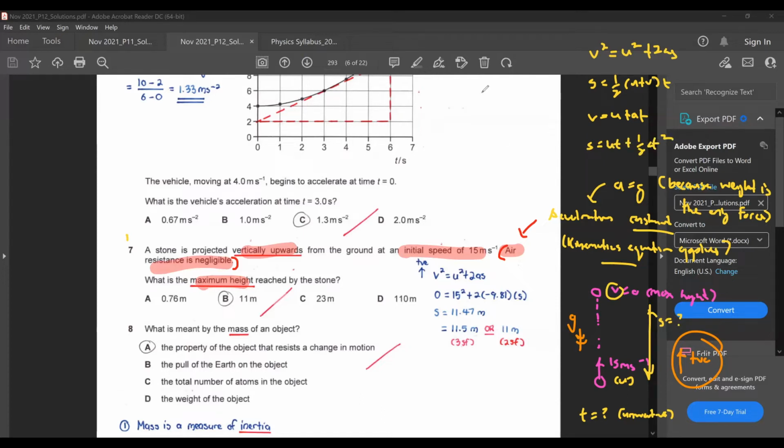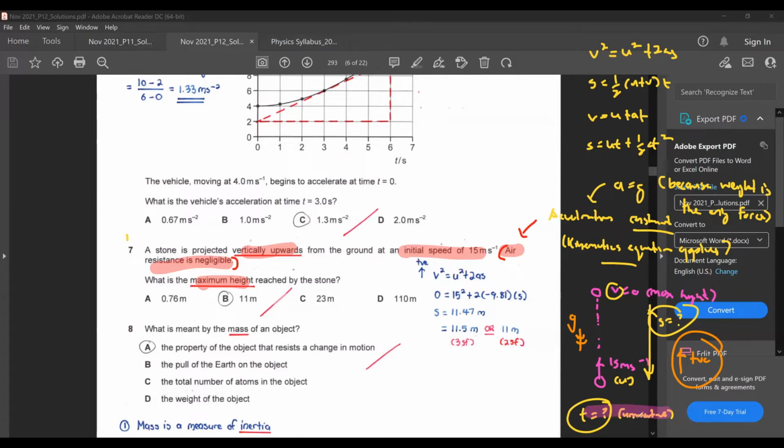Now, usually one of the things that you can probably just do, if you want to determine which equation you should use, is try to single out which unknown variable is unwanted. Right now you have two unknown variables. You have s, which is what you want to find, and you also have t, which you do not know. But t is not what you want.